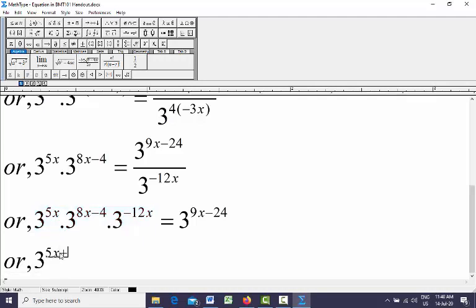So we have 5x plus 8x minus 4, and then plus bracket minus 12x. So you don't need to write it like that way. So this one will be added with this one, similarly with this one, right? So now as you can see, here we have plus and here we have minus, so you can write directly minus.